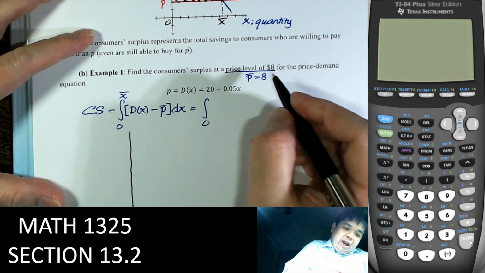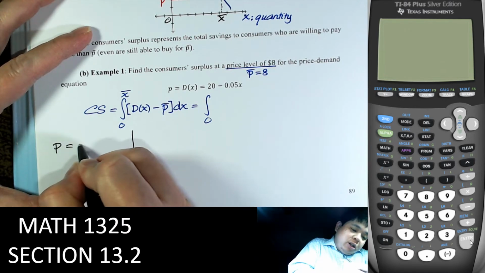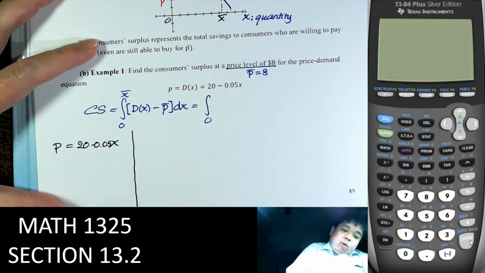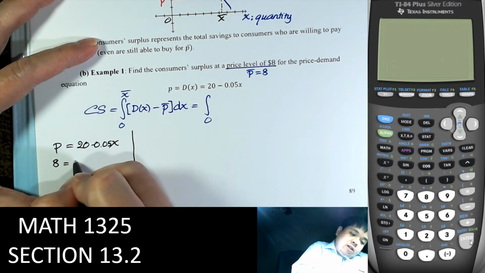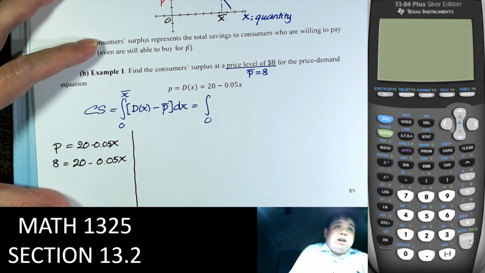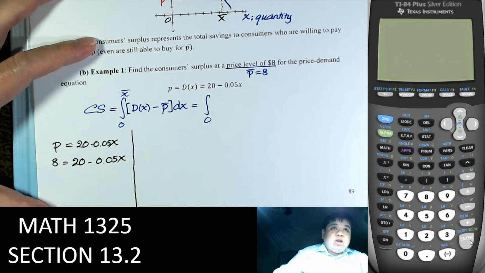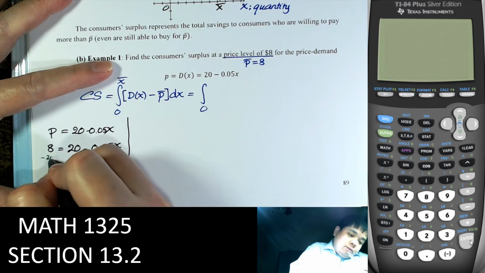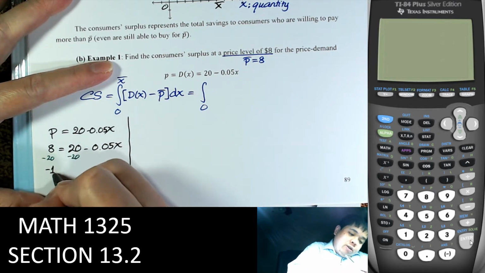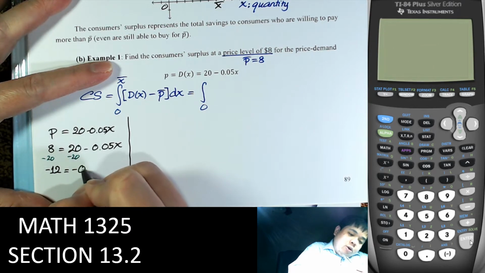So here we have the price demand equation 20 minus 0.05x. Now we know P bar is 8. So 20 minus 0.05x equals 8, and we solve for it. Subtract 20 on both sides. We have negative 12 equal to negative 0.05x.